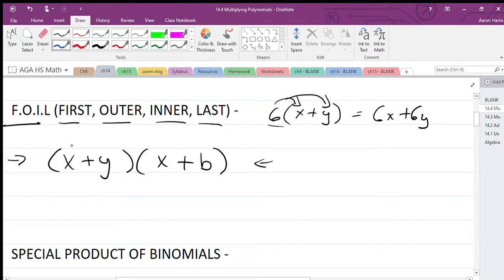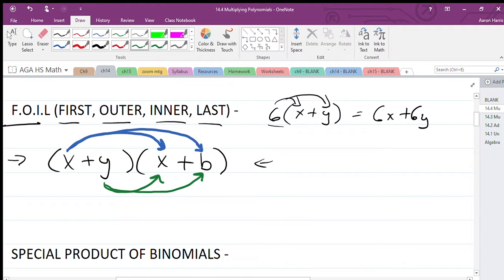I'm going to do the first, so this x, I go to the first term in the second binomial. Then I'm going to go to the outer term of that second binomial. Then I'm going to do the inner terms, so that's y times this x. And then I'm going to do the last one. So y times the b.